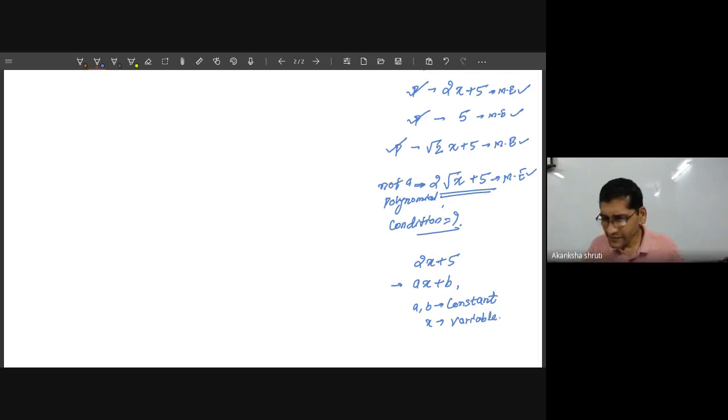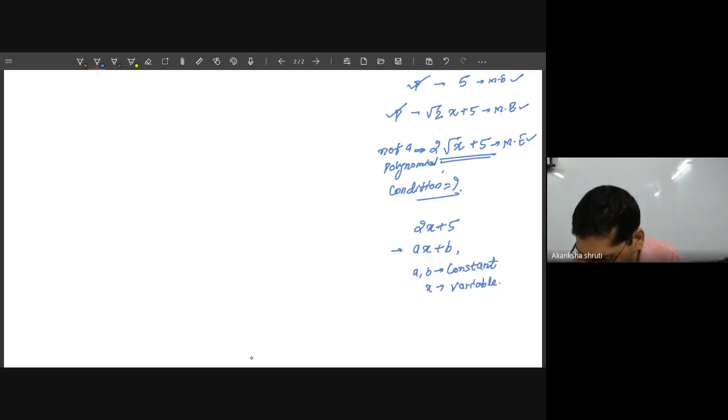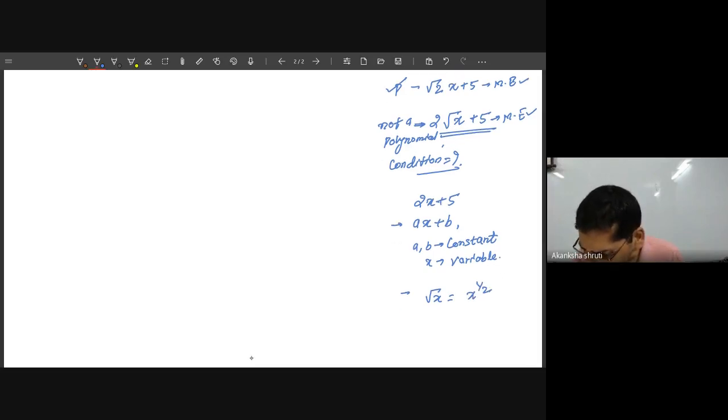These are the ways of denoting in mathematics. If I am taking root of x, what does it mean? It simply means x to the power 1 by 2. So x can have any power. That power we will call degree, which we will define within a few minutes. So x can have any power, say n.